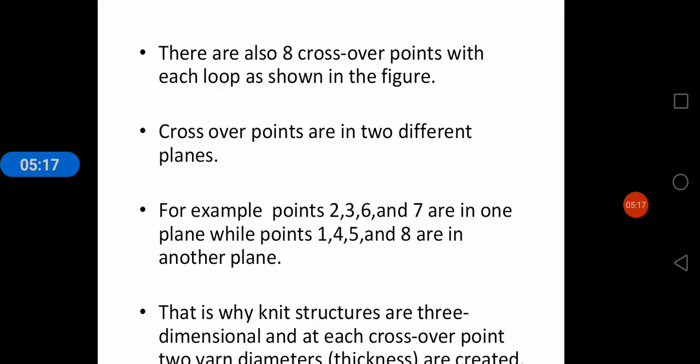There are also 8 crossover points with each loop, as shown in the figure. The crossover points are in two different planes. For example, points 2, 3, 6 and 7 are in one plane, while points 1, 4, 5 and 8 are in another plane. That is why knit structures are three-dimensional, and at each crossover point two yarn diameters are created.